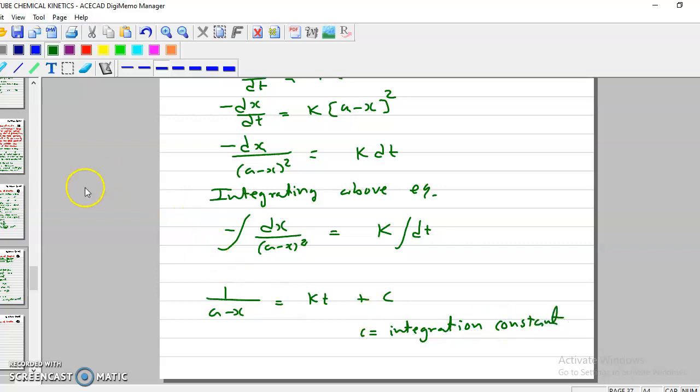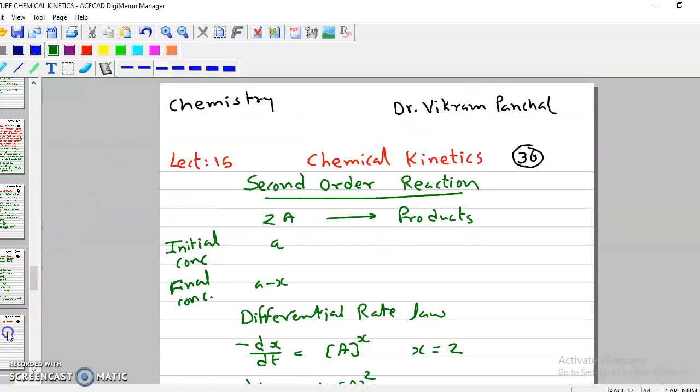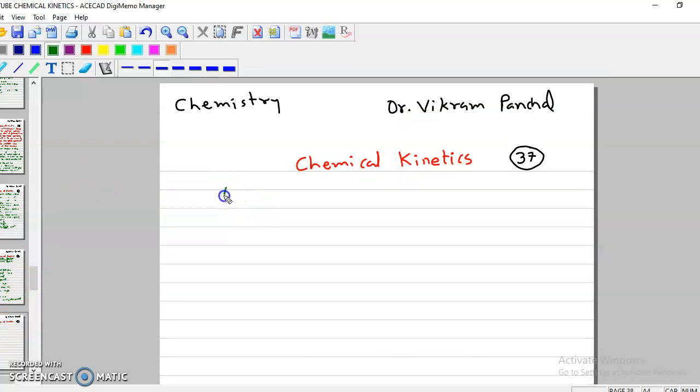To find the value of C, we have to consider initial conditions. When t is equal to 0, this is the initial condition, x will be 0, and therefore 1 upon a is equal to C. So this is the value of the integration constant.